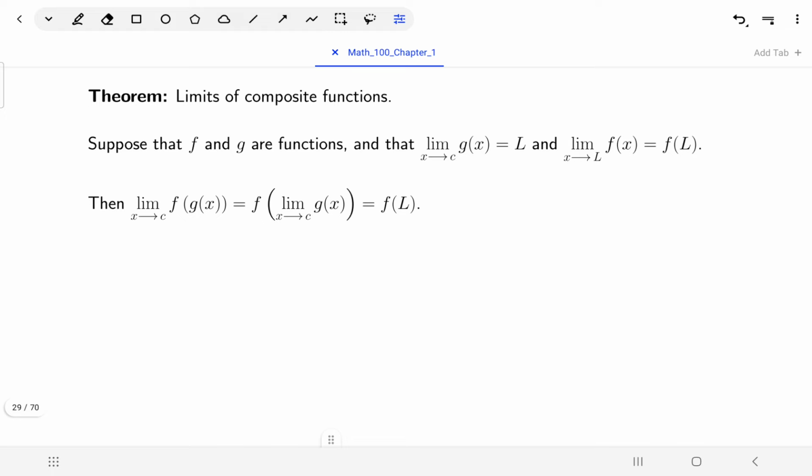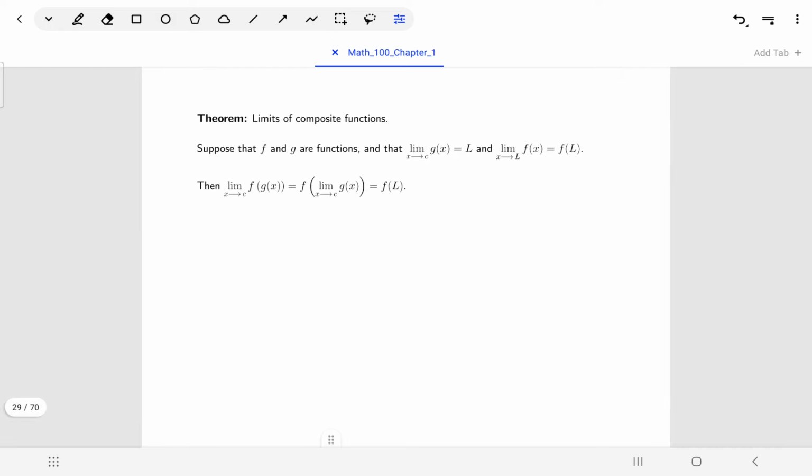So basically, we just have to ask ourselves, if I were to substitute in that value for x, is that a function where that limit would exist? Would that be something where I could do direct substitution? So let's take a look at an example of that here.